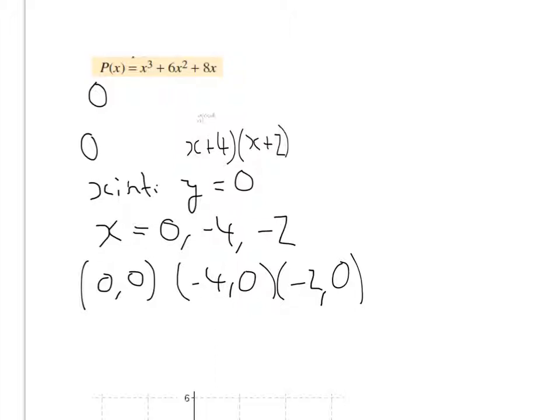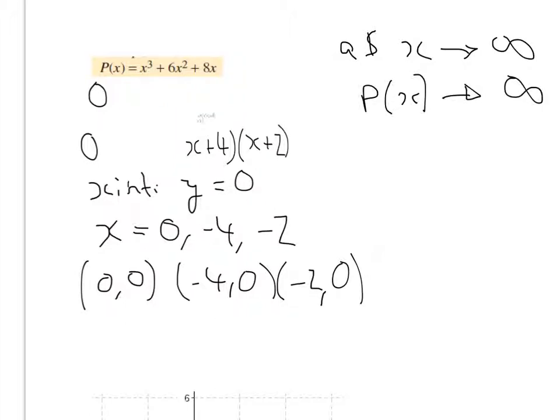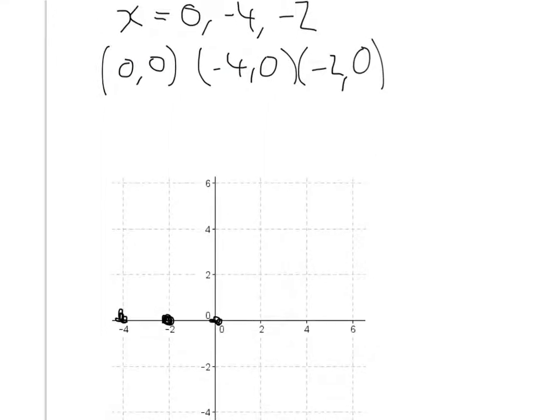As x approaches infinity, p of x approaches infinity too. It gets bigger as x gets bigger, which means that my graph is going to exit somewhere in this area.